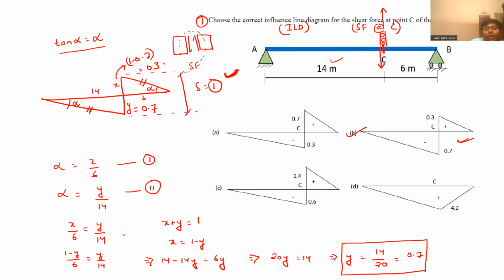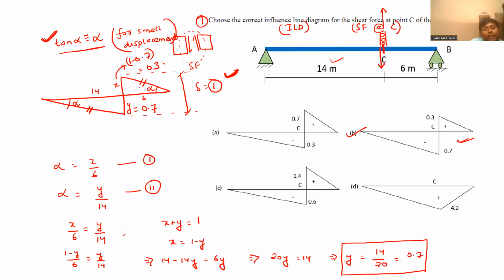Tan alpha equals alpha for small displacements. This step, are you comfortable with or not? Why are we writing tan alpha equal to alpha? Tan alpha, from trigonometry, is height by base.